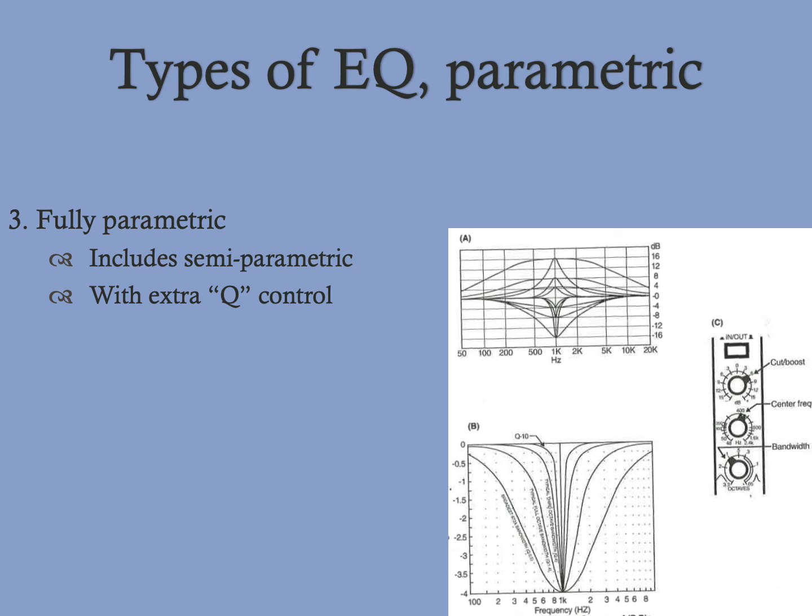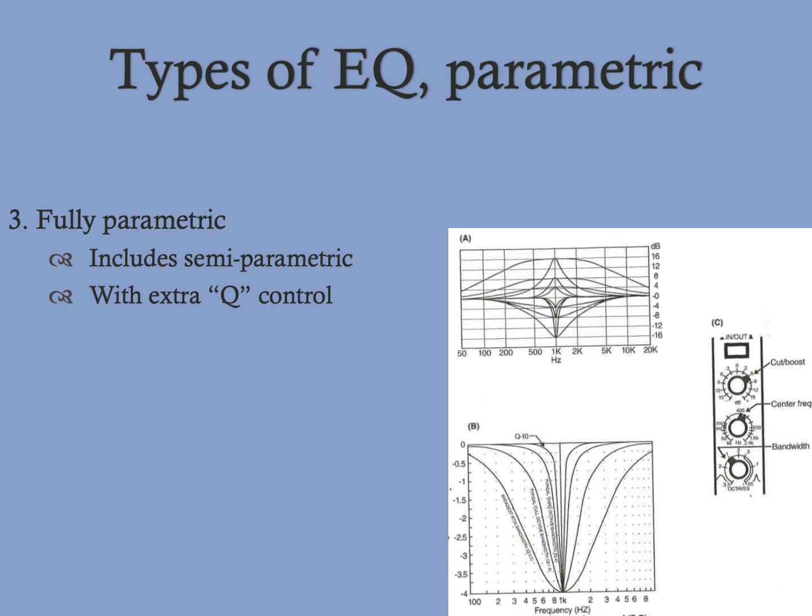So you can see across the bottom is the frequency, and on that bottom graph, the left-hand side is decibels of reduction, and on the top is the Q control. So this is a Q of 10, meaning you're very, very specific. You're being surgical here.